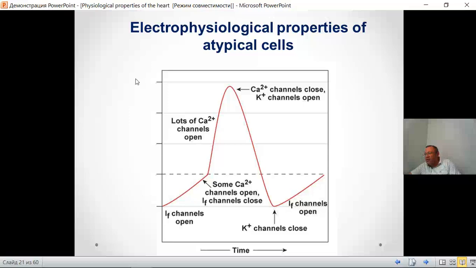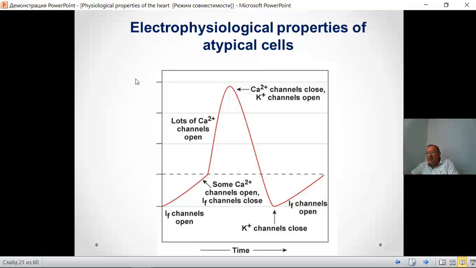In the SA nodal cells, the upstroke is a result of an increase in gate calcium and an inward calcium ion current carried primarily by L-type calcium ion channels. There are also T-type calcium ion channels in the SA node, which carry part of the inward calcium ion current in the upstroke. Phases 1 and 2 are absent.